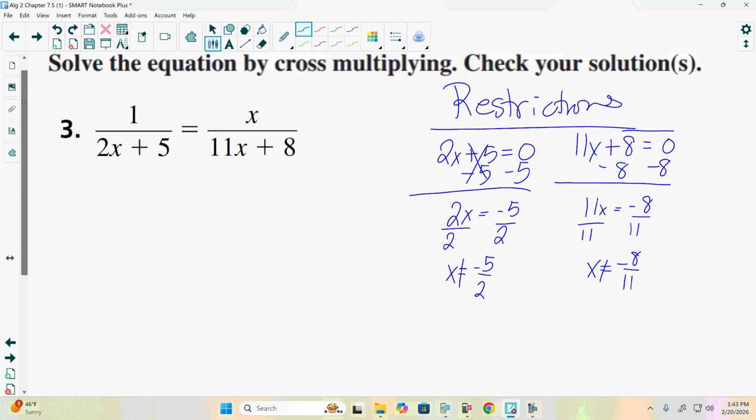Now, as we look at these here, we could do the cross multiply, and that works just well because we have 2 fractions. We can go through the proper mathematical route of finding the least common denominator, listing that out, and going through that there. Or we can start by looking at these two here, 2x plus 5, 11x plus 8. They're factors as far as they go.